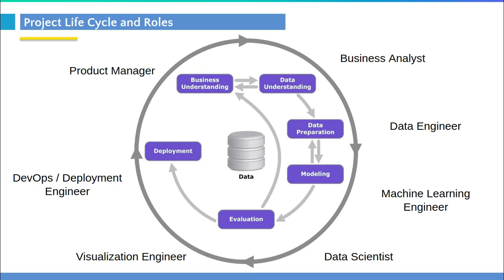Pre-processing is mostly a collective task. It is done by the data engineers and the machine learning engineers, depending on the team. A machine learning engineer can also analyze and pre-process the data.